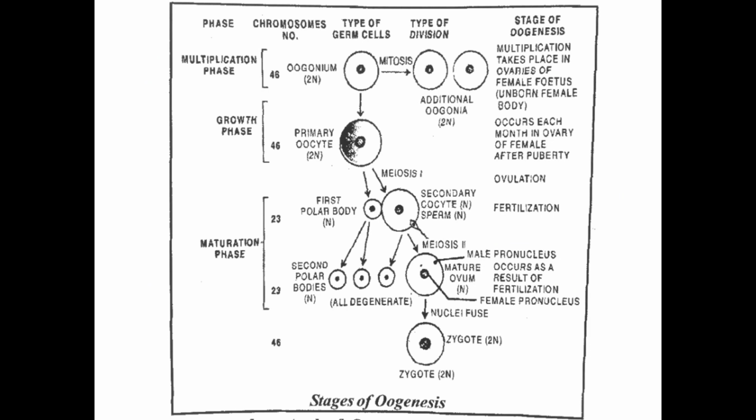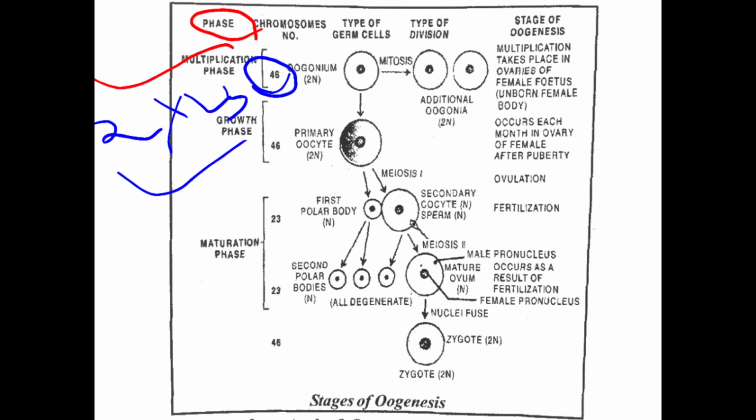Next, see the image. The phases are multiplication, growth and maturation. In the multiplication phase, the human body contains 46 chromosomes, 2 into 23, that is 2n.